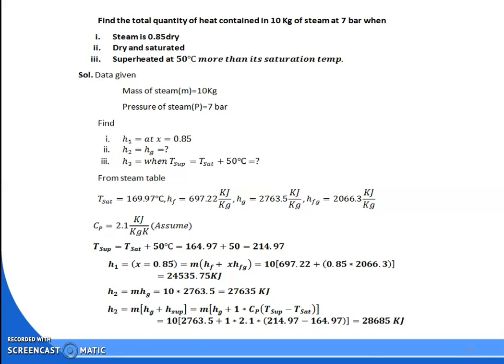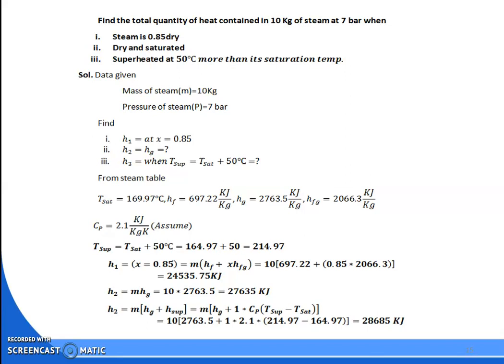In this case, let us assume that the specific heat Cp is equal to 2.1 kilojoule per kg Kelvin. So first we find H1, for the steam having dryness fraction 0.85.